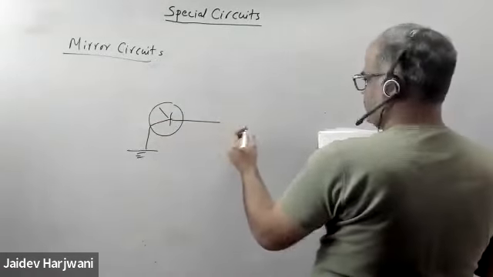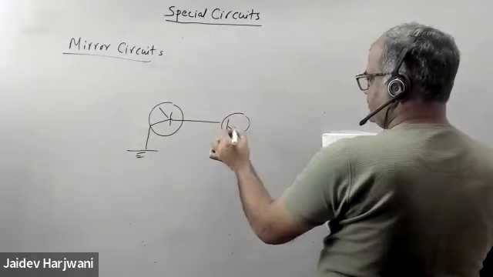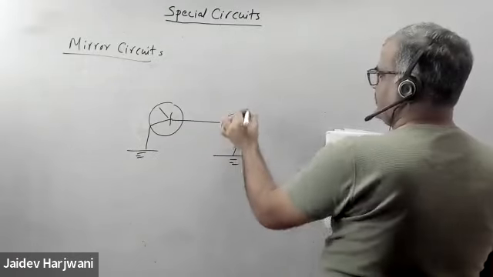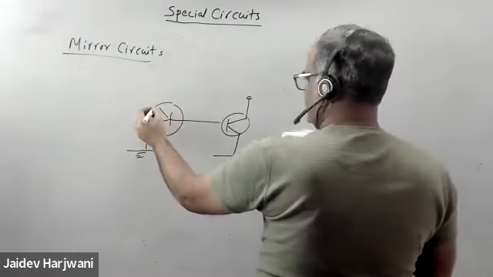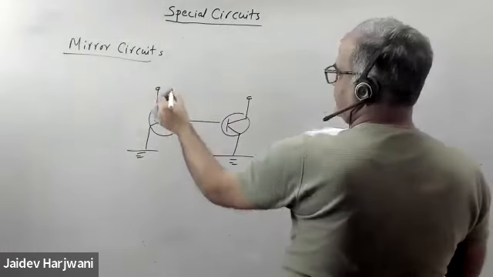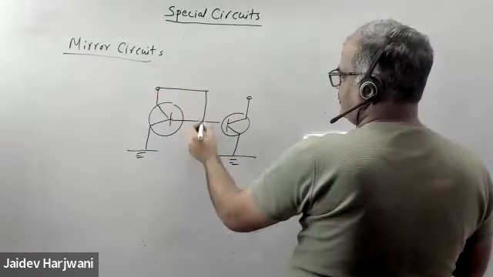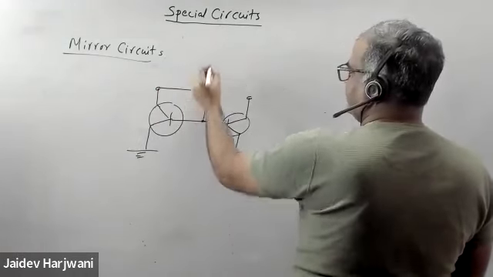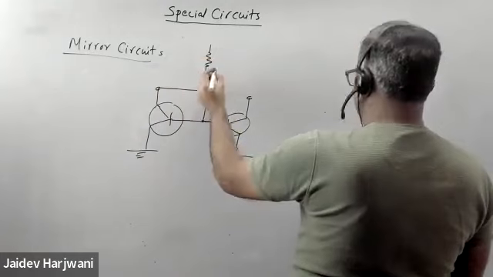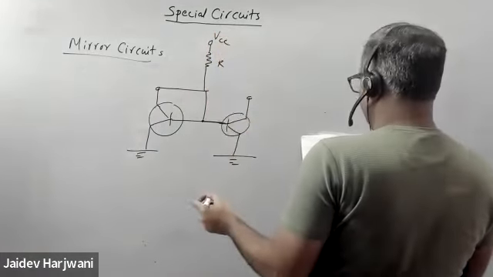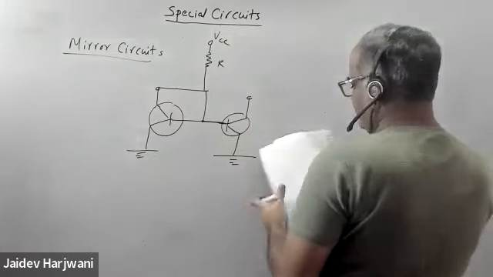Then you have one more transistor here. Okay. This is one terminal. This is one more terminal. And the two bases have a common supply here. This is your R, so this is your VCC, resistance is there.